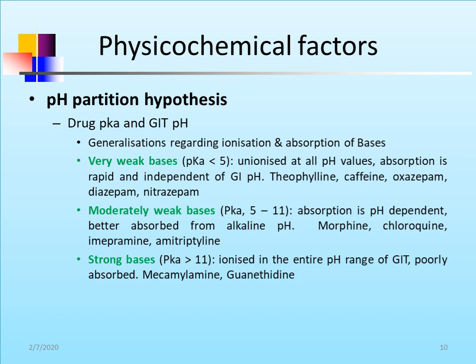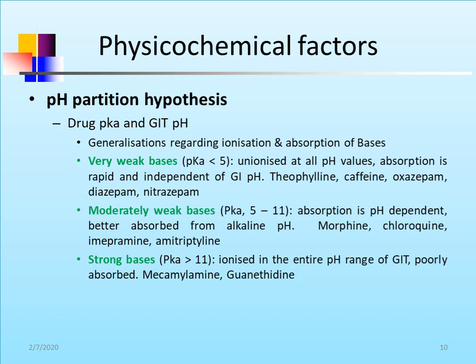Strong bases with a pK above 11 are ionized over the entire pH range of the GIT and poorly absorbed from the gastrointestinal tract, for example guanethidine.